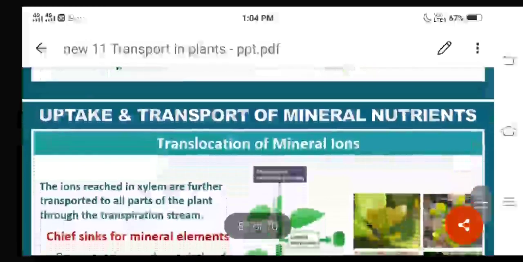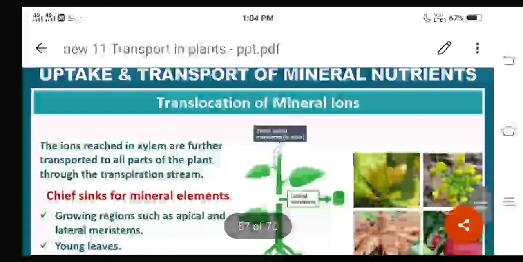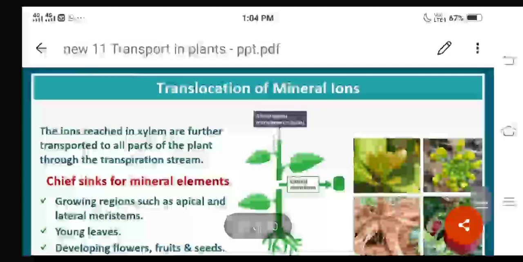Okay, and let us move on to the other concept called translocation of the mineral ions. Now we have studied the ions which are present in the soil. However, they have reached the xylem through active transport.